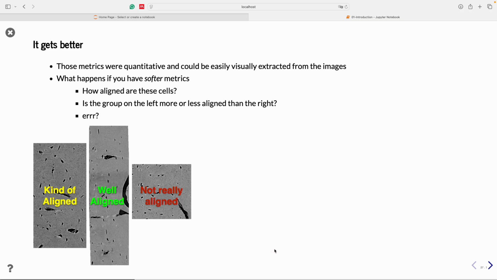So here we have fuzzy classifications, kind of aligned, well aligned, or not really aligned. And getting into these fuzzy classes and letting the computer tell you them is not always so easy. By eye, you can easily tell this one is good, bad, or different, etc. But often the frustration comes when you have to tell the computer to tell the same. It's so obvious to you. You see it on the screen, but it's not always that way.